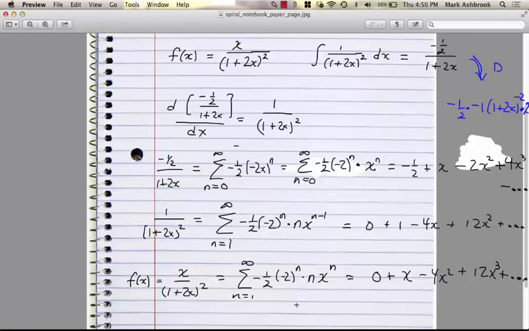Okay, now what are we going to do? If we want this in the form of Cn x to the n, starting at n equals 0, how are we going to change this so we preserve it?